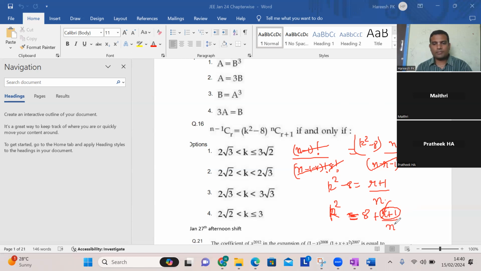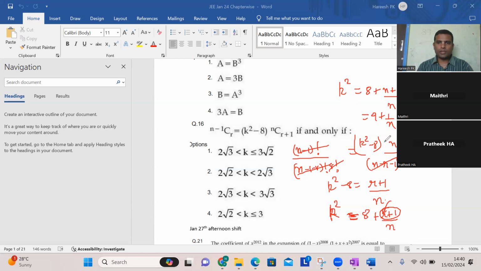And the biggest value is when r is n. R cannot be n, no? Okay. When r is n, correct. So then what will you get? k² is 8 plus (n+1) by n. So you'll get 9 plus 1 by n. That is the biggest value.